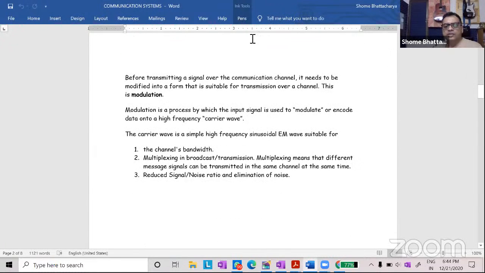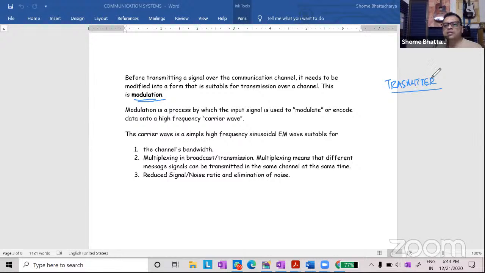Okay. Now let's come back to the very important part. This is the main aspect of our study of communication networks, or communication. That is the process of modulation. This is the job of the transmitter, as I told you. So what does the transmitter do?